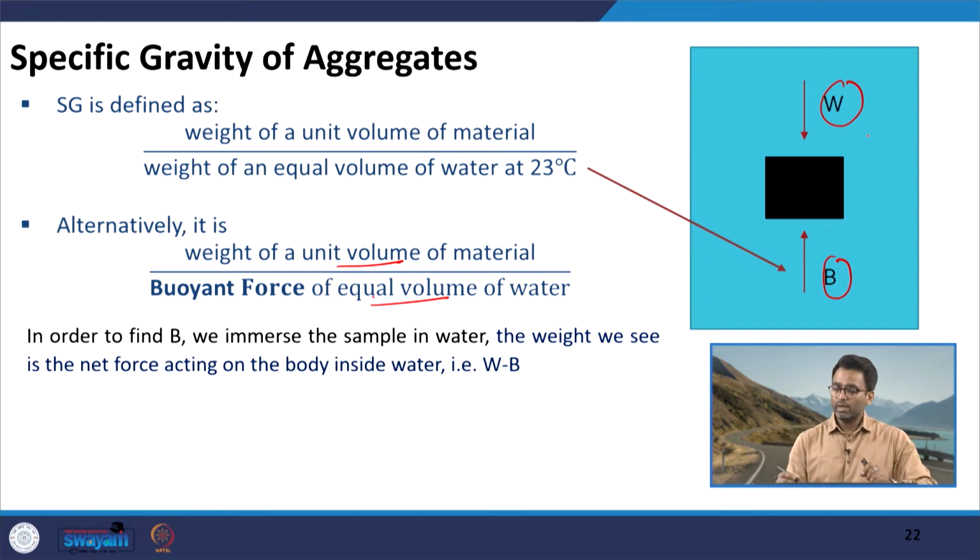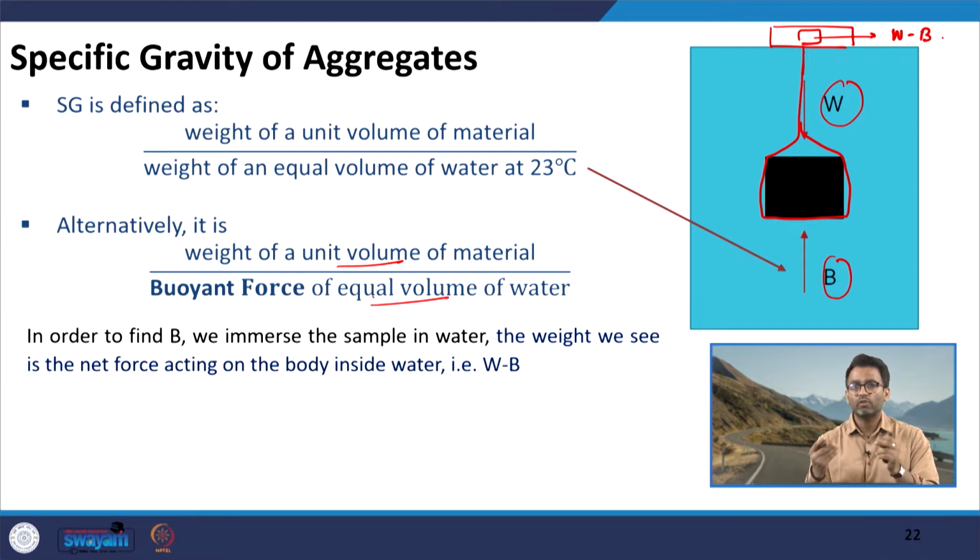When I immerse the material in the water and try to take the weight, the weighing pan will display a number. What is this number? This number is equal to the net force acting on the body inside the water. So, whatever is being displayed is actually equal to W minus B. This is the number which we see on the weighing pan, is it not? So, this is W minus B.